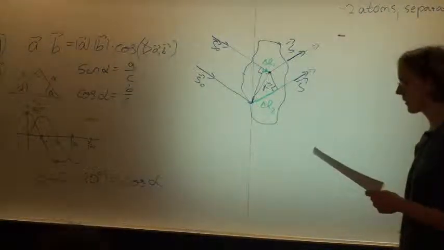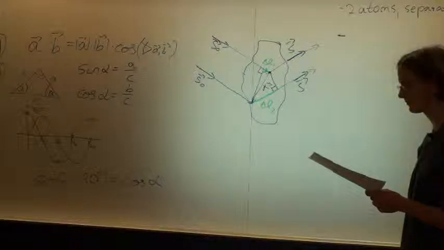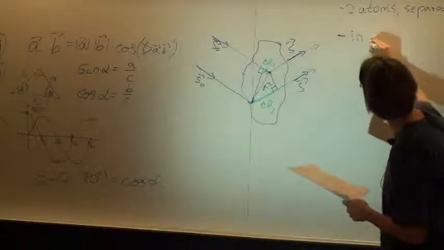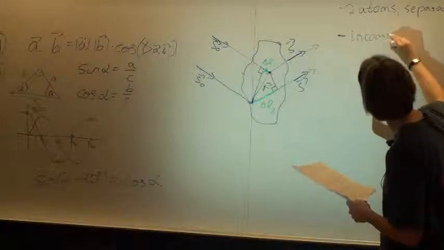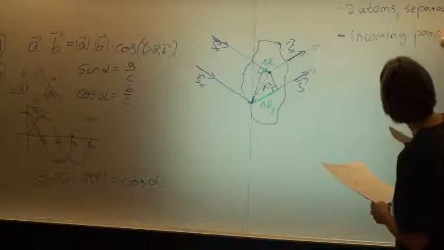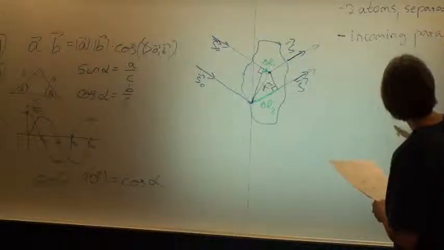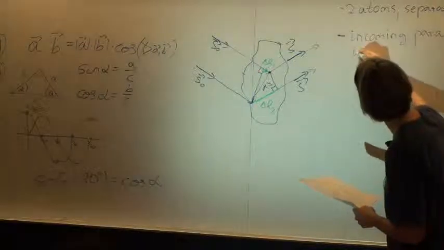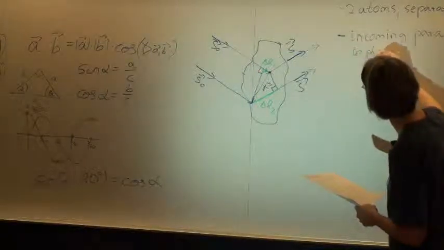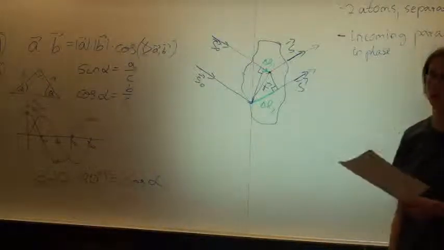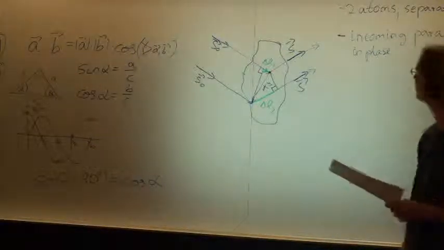We have incoming radiation, right? So we have parallel X-rays which are in phase, because otherwise we have an unknown phase difference to start with. Then we may as well not even start with our math, right?